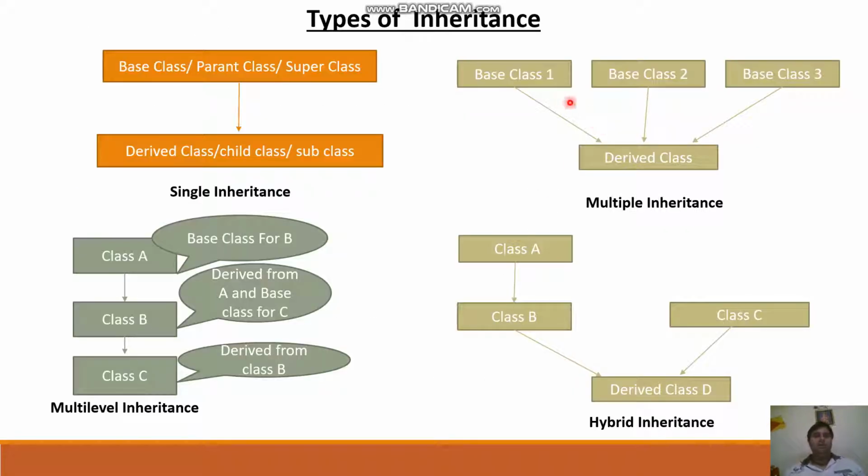There are four types of inheritance in C++. The first type is single inheritance, second is multiple inheritance, third is multi-level inheritance, and fourth is hybrid inheritance. Let's see them one by one. The first type of inheritance is single inheritance, where we have one base class, and from that one base class we create one derived class.